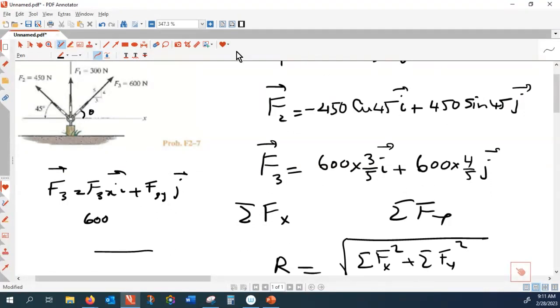So if I want to write F3 the long way, the magnitude of F3 is 600 multiplied by cos theta i plus 600 sine theta j. And that is equal to 600 times cos theta, which is 3/5. And the next component, sine theta, is 4/5.